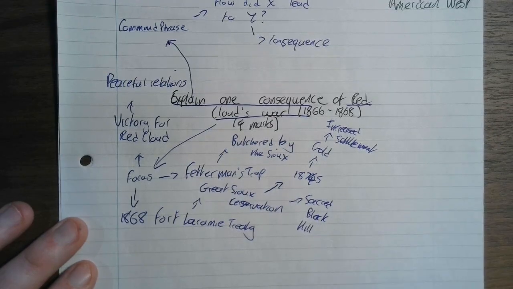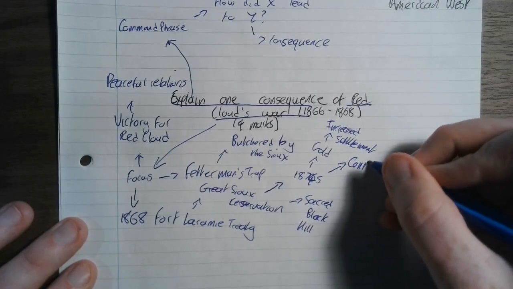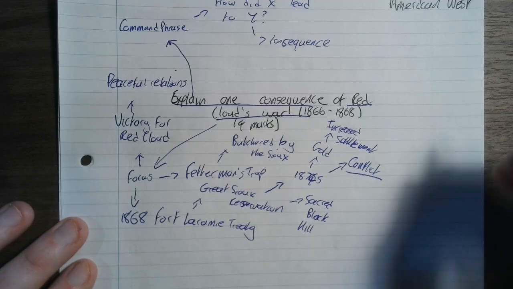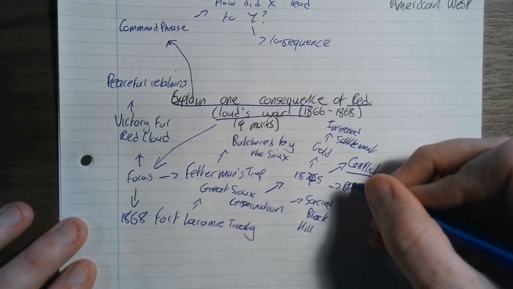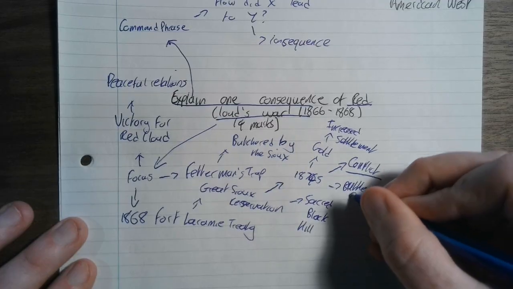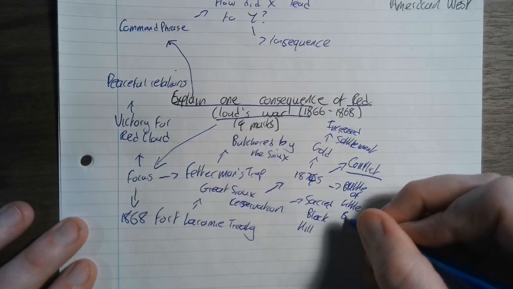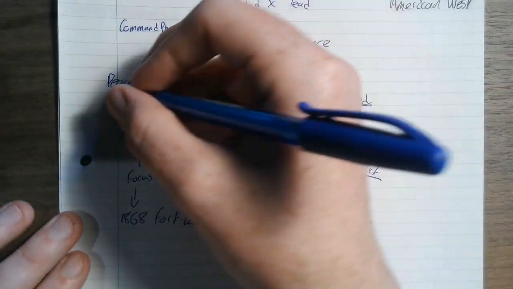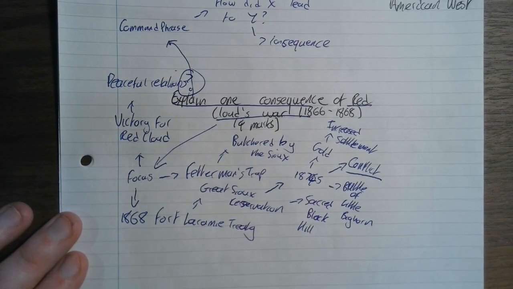So in my view, this all leads to conflict, and we have a major conflict in the 1870s, which of course is the Battle of Little Bighorn. So my question really is, do the peaceful relations work? I am not so sure.